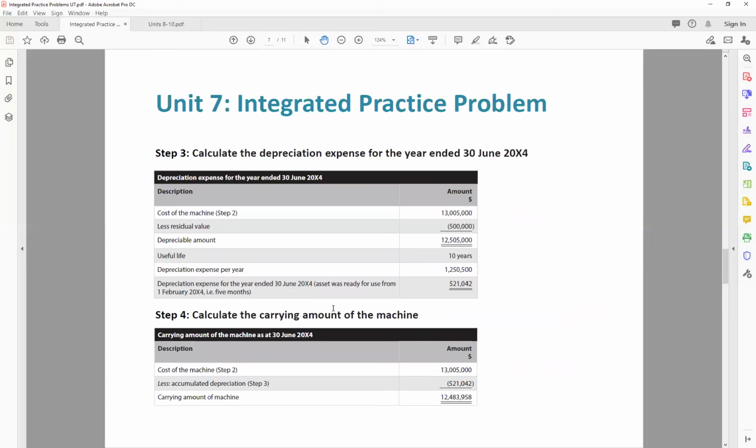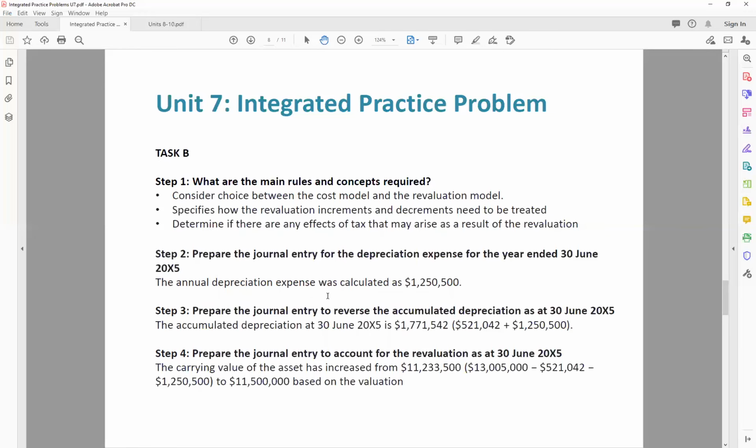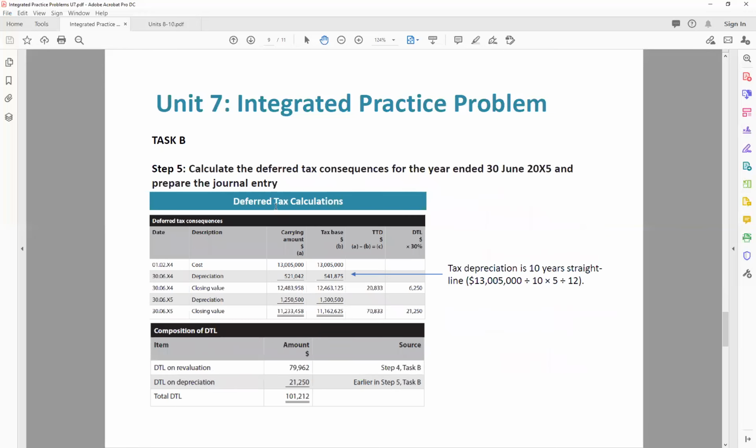And so when we look at the next step, which brings that all together, you can see that this is where we are from an accounting perspective. So this is our accounting calculations for both the depreciation and for the various carrying amounts.